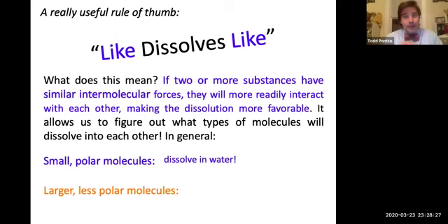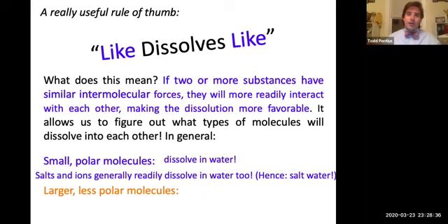Water is small, it's polar, its partial negative end and its partial positive end can interact well with other polar molecules, but it also interacts well with salts. That's what we just looked at. So the partial negative end of water will interact appreciably with the positive charge of an ion, whereas the partial positive end of water will interact with the negative charge, the anion, in a salt.